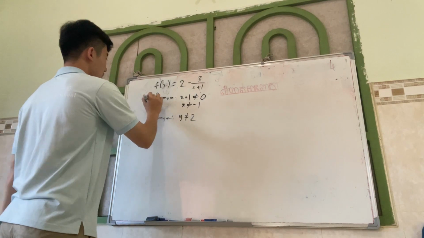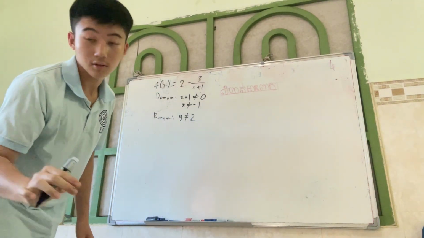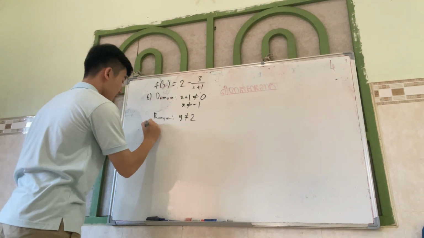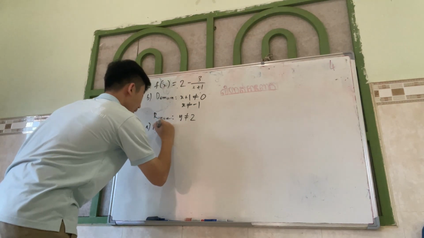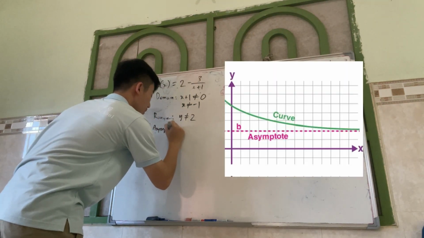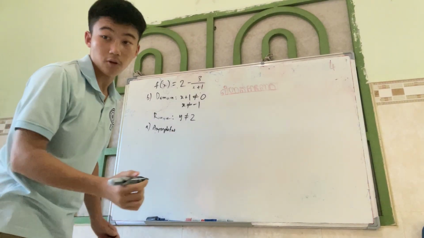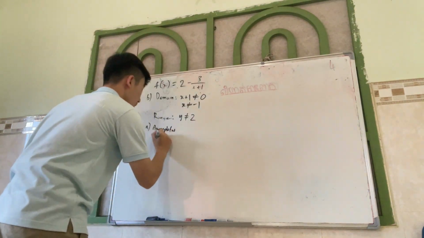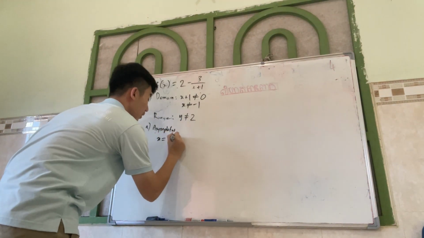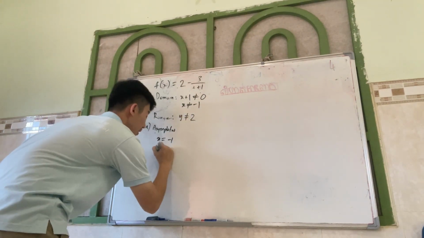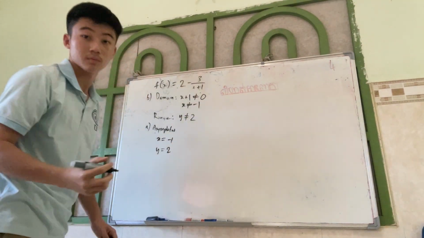Now we find the asymptotes. For the asymptotes, x is equal to negative 1, which comes from the domain, and y is equal to 2.